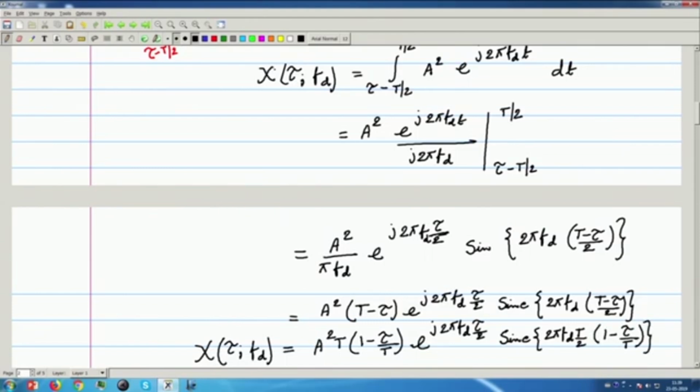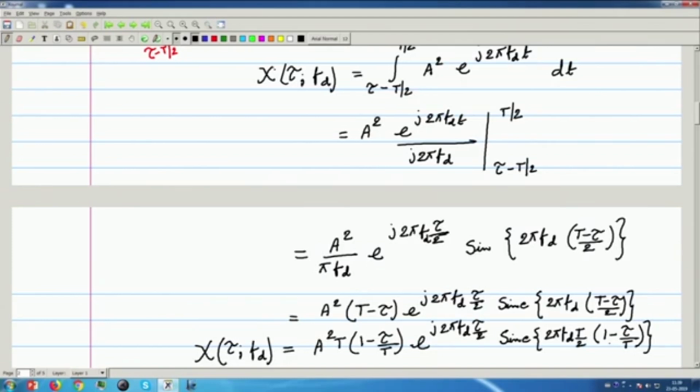You see that what I am doing is introducing the duty factor, because that is the specification for pulses. So, instead of writing tau, I am writing tau by t. That is why this manipulation. Now, this is for tau positive, that means delay is positive.